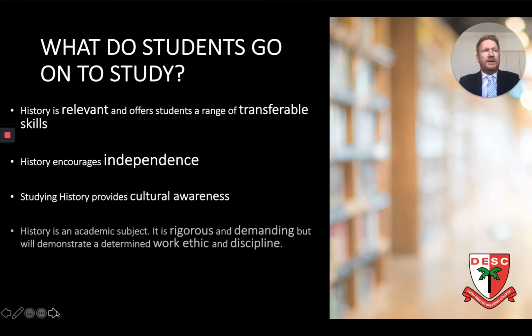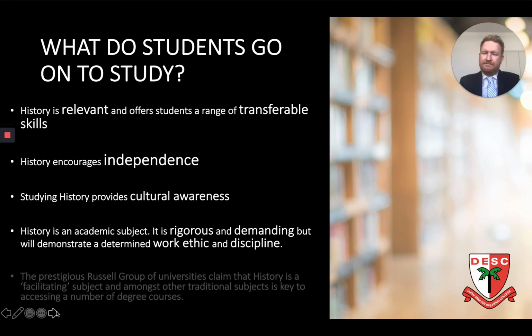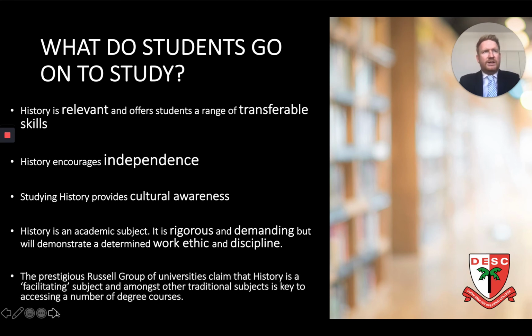It's an academic, rigorous and demanding subject, but it does produce that work ethic and discipline that students at the end of the course comment on the fact that they are now much better at research and reading. And the Russell Group universities really value history as a subject. It's a traditional one, and it's key to accessing and facilitating the access to a number of degree courses.